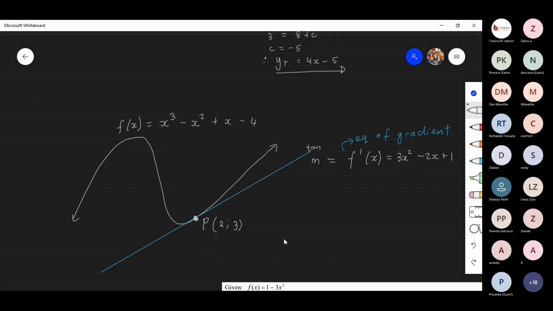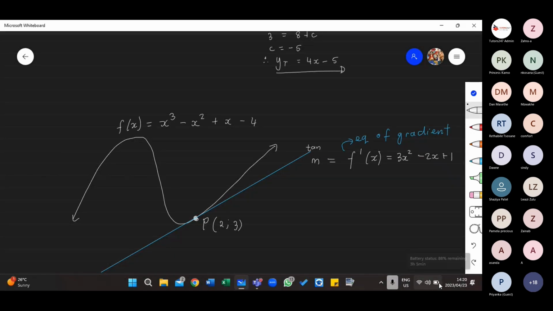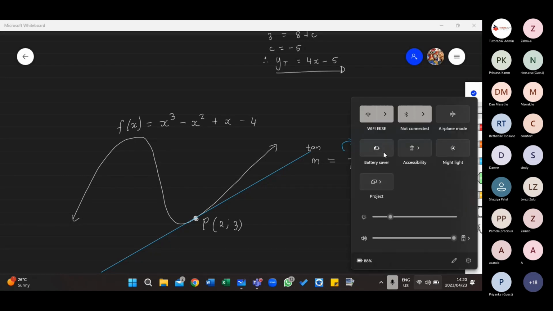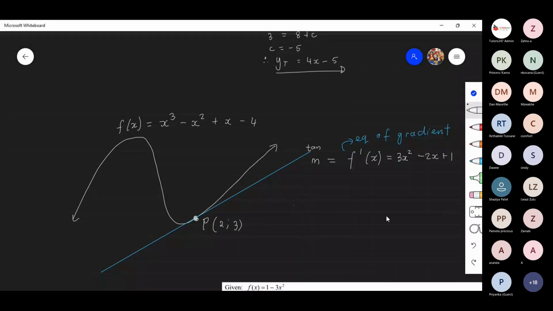Now, because we are trying to find the gradient at point P, you are going to substitute the x value at point P. Because our x value at point P is 2, you are now going to substitute 2 in place of x. So your gradient would be equal to 3 into 2 squared minus 2 into 2 plus 1.